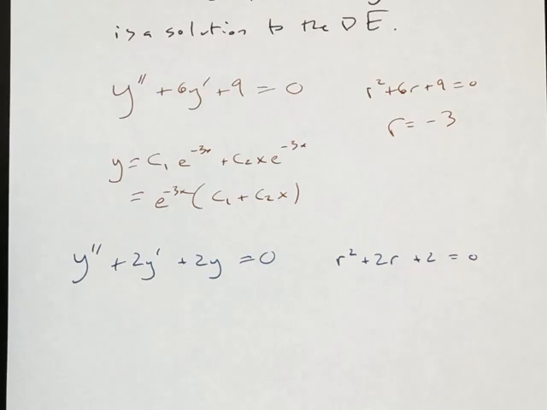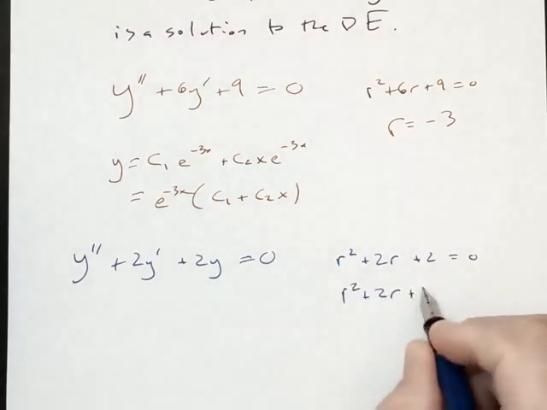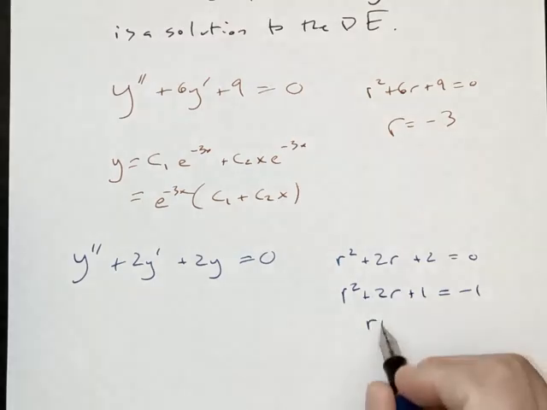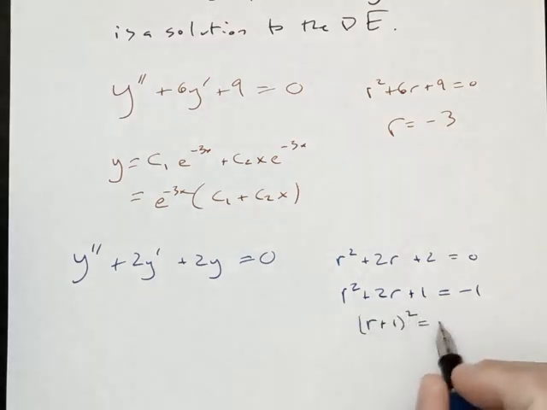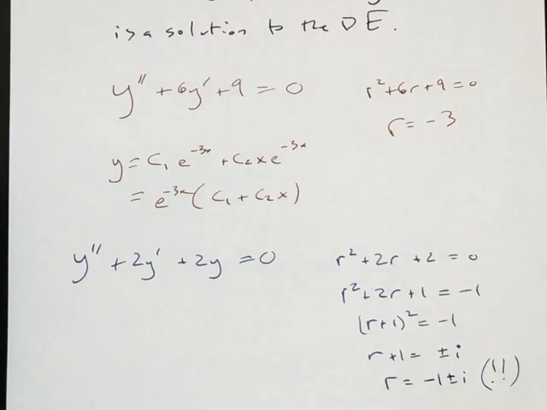They're not real. I'm going to do completing the square because I think that way when I think of complex numbers. So I get r plus 1 equals plus or minus i. I get complex roots.